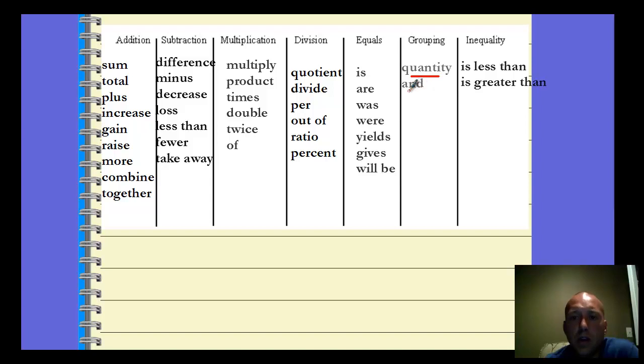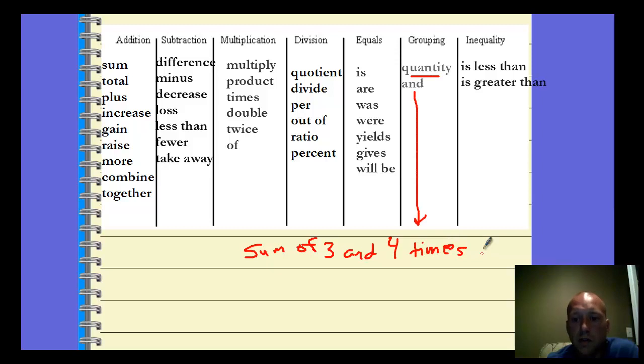Now, the word "and" is kind of a tricky one because "and" is attached to an operation. So I have an example of this. If I say the sum of 3 and 4 times 5, the word "and" is telling me where this operation occurs.